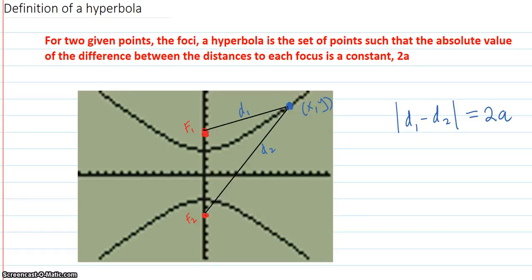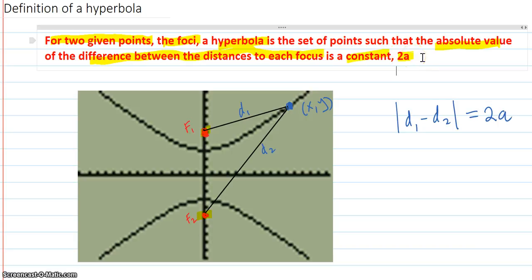Definition of a hyperbola. For two given points, so that's this focus point and that focus point, called the foci, a hyperbola is a set of points such that the absolute value of the difference between the distance to each focus is a constant, and we're going to name that 2a for a very good reason.